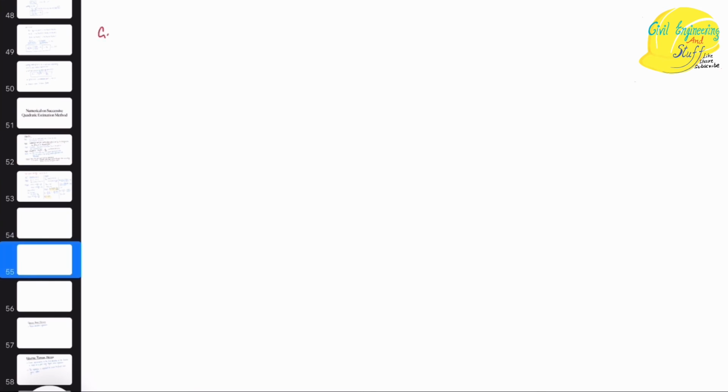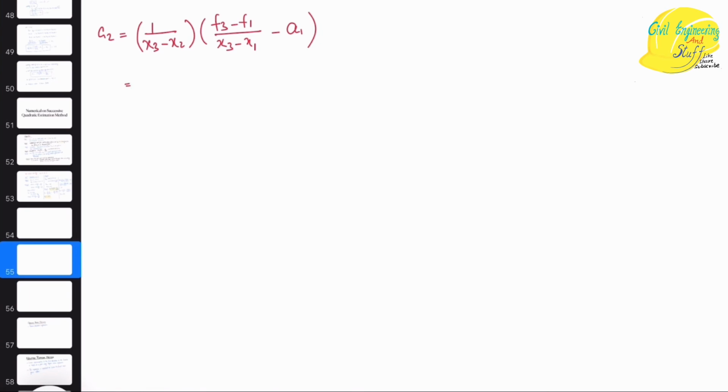Then we'll find a2. The formula for a2 is 1 upon x3 minus x2, times f3 minus f1 divided by x3 minus x1, minus a1, right? This is the formula for a2.